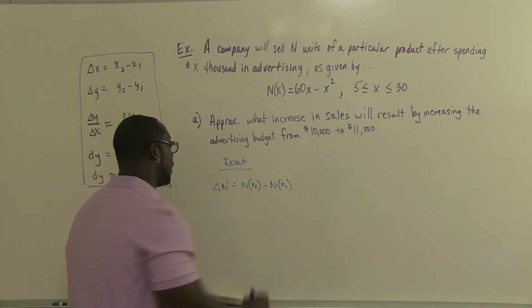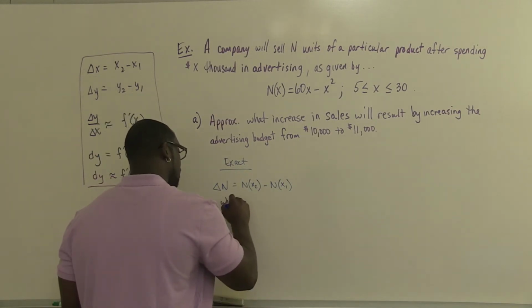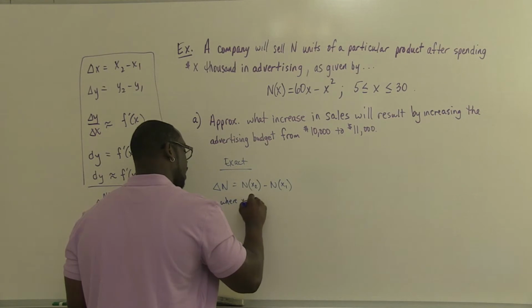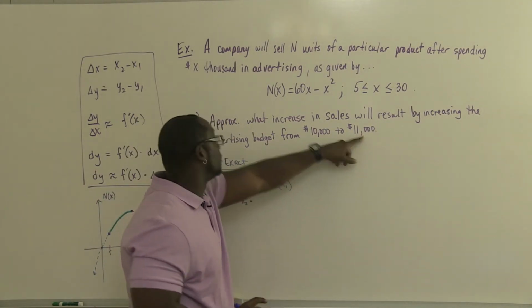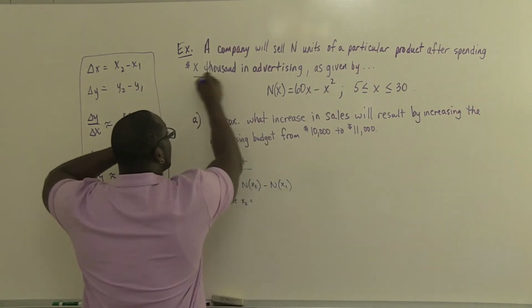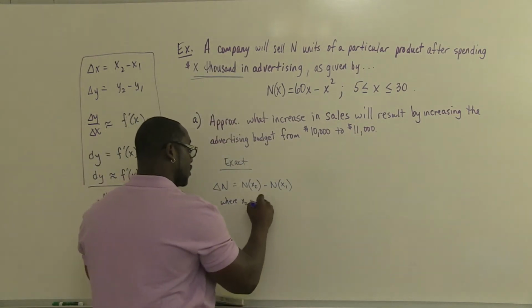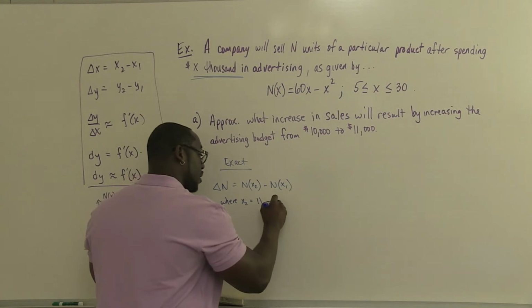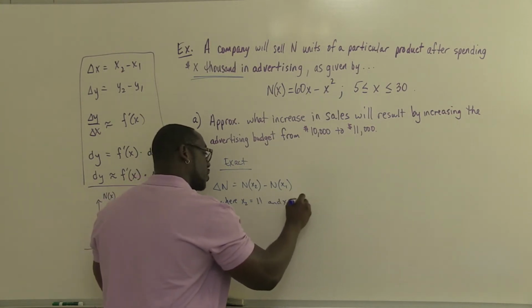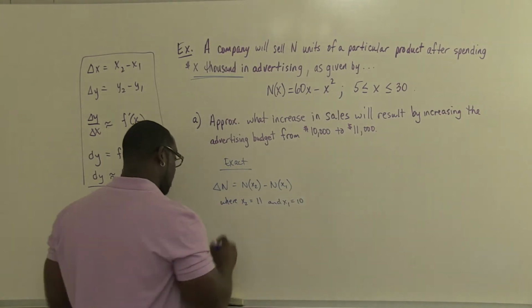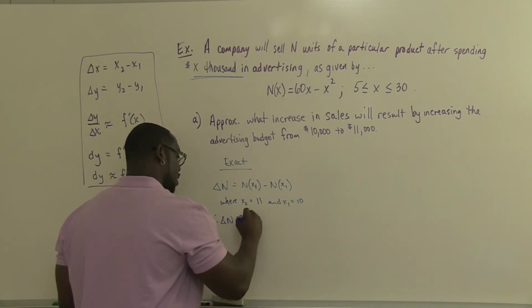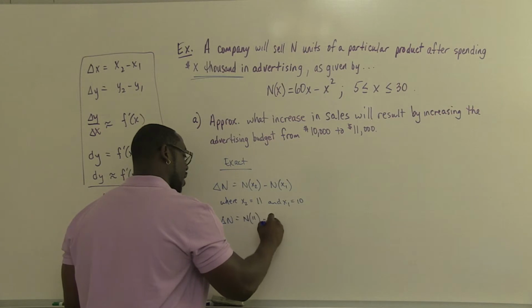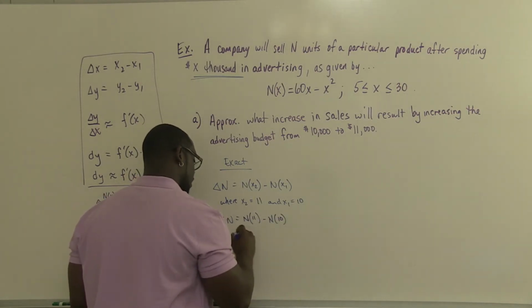Here x2 is going to be the 11,000, but we have to write it in terms of what they said here. So this will just be 11, and x1 will just be 10. So this will just be N of 11 minus N of 10.